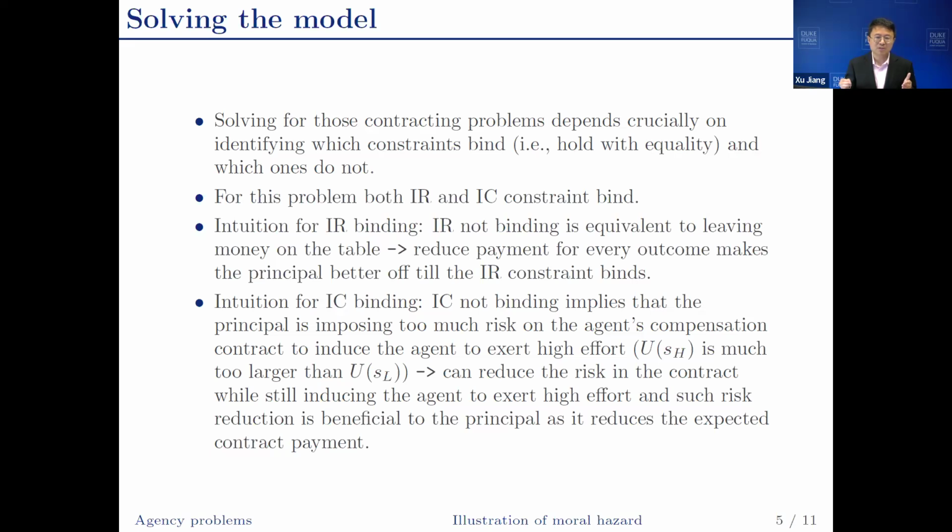So you can reduce U(SH) a little bit and increase U(SL) a little bit, while still satisfying the agent's IC constraint. But in this case, because you reduce the risk in the compensation contract, and the agent is risk averse, you can reduce the risk premium paid to the agent. You can reduce the expected wage payment to the agent, and that will be beneficial to the principal.